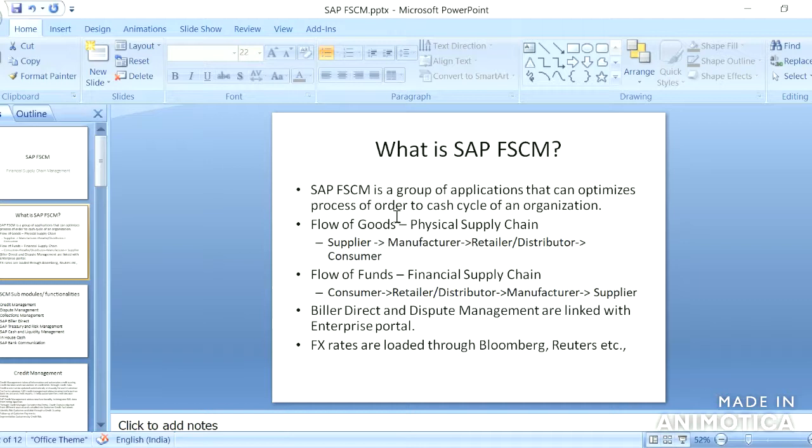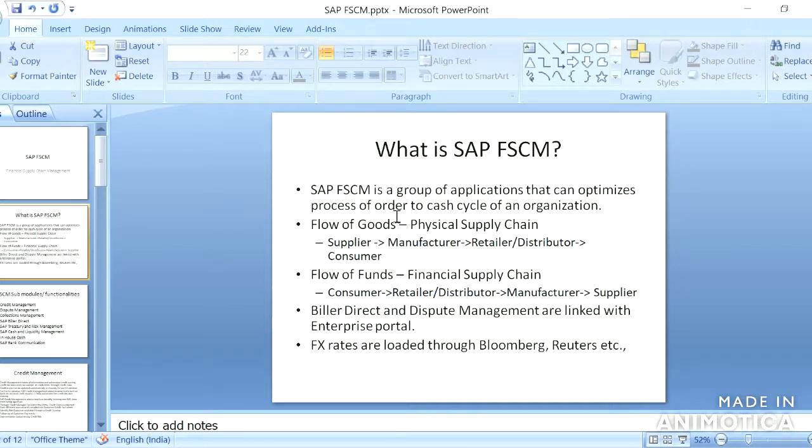Here order means sales order. Sales order to, like, what are all the other steps like delivery, billing, and how we are invoicing the customer and how we are getting the payment from the customer. All these things. So what are all the problems will incur in this process and how those are handled in SAP.